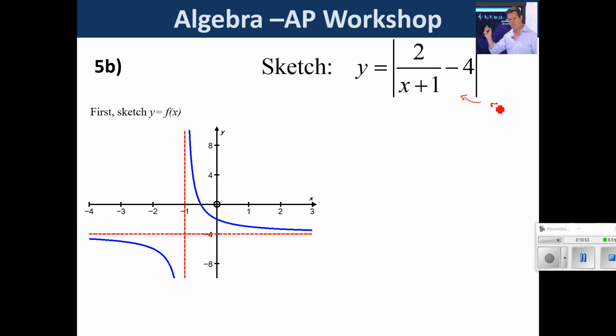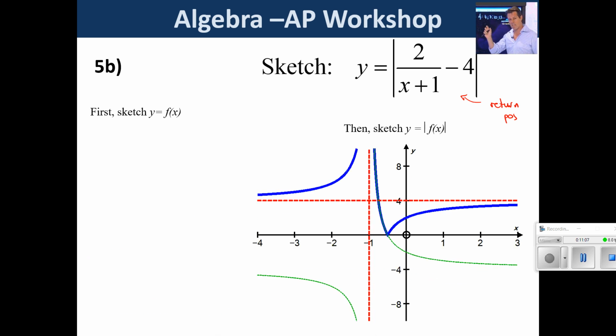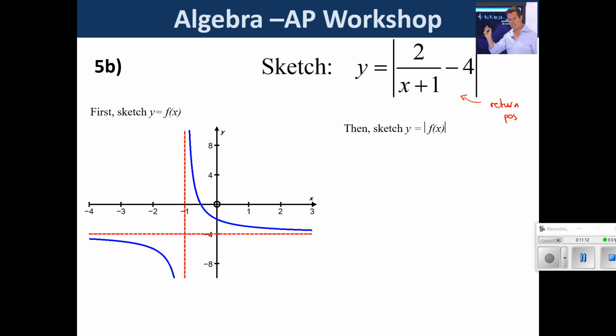We know that we want to return a positive. We are always going to return a positive. So anything that is above will not change, but anything that is below will change. Now I'm going to toggle between these two screens, so just see what happens. Let me go back again. So over here, we should be noticing that the part that goes underneath will reflect above.